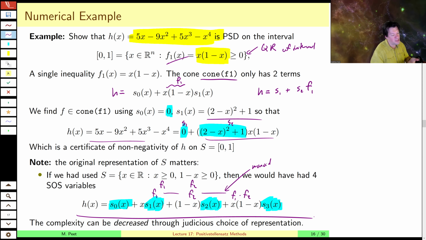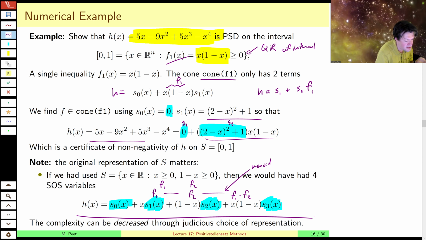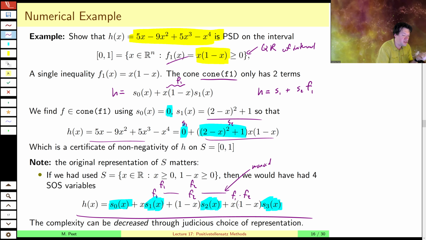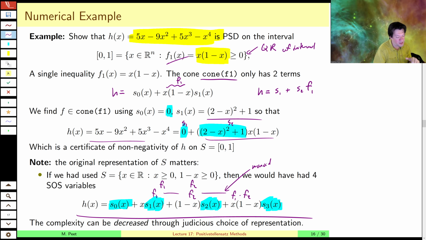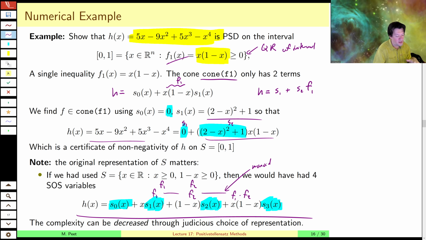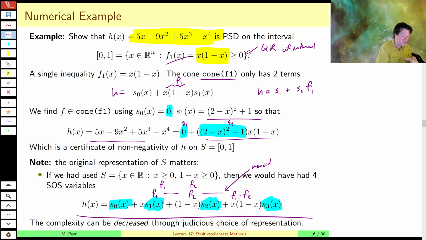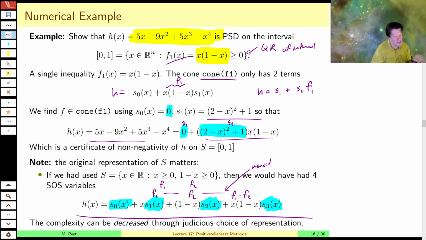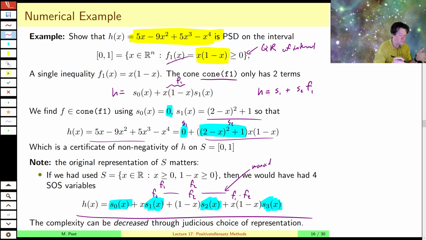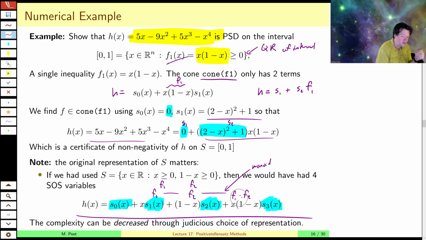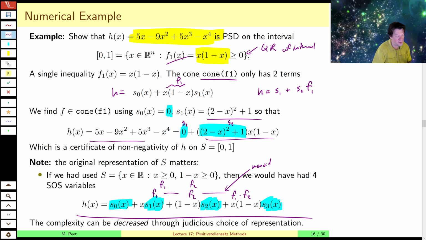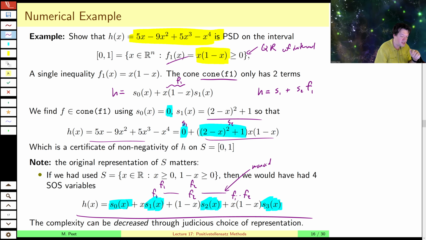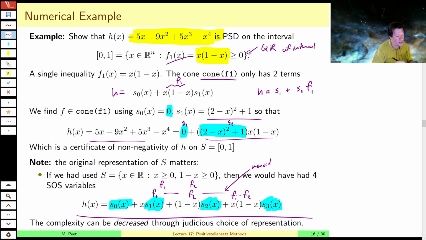So again, representation matters in several senses. First of all, because this one has more variables than this one. And there are other reasons as well. And actually, of course, we had to include this as a valid inequality when we were representing the set, as opposed to just the linear ones. And that's important because in the linear representation, if you neglect this one, if you're searching for a valid Lyapunov inequality on an interval, for example, and you don't include this product, your SOS problem will likely not be feasible.